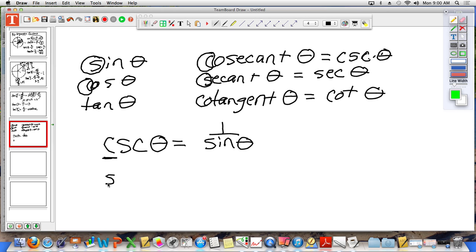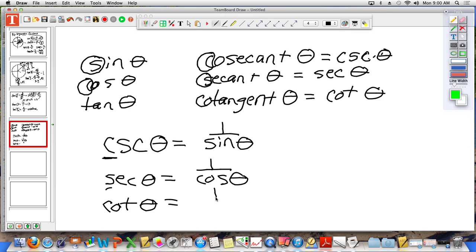And then secant, SEC of theta, is the reciprocal of, take a wild guess, cosine. Cosine starts with a C, so its reciprocal starts with an S. And then cotangent of theta is equal to 1 divided by what, you guys? 1 divided by tangent of theta.